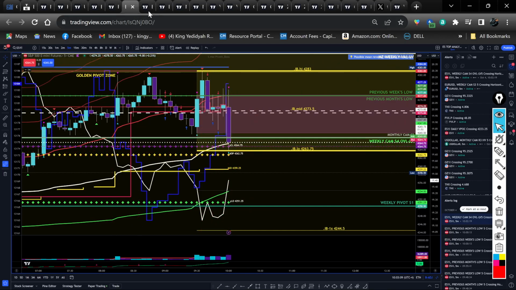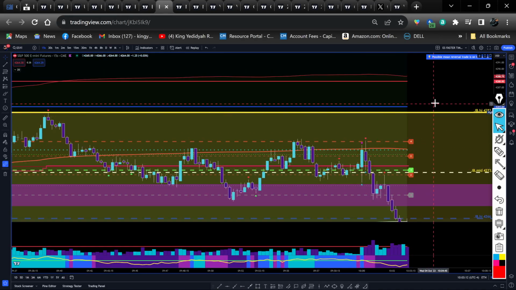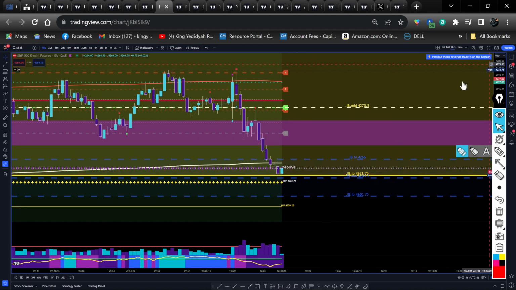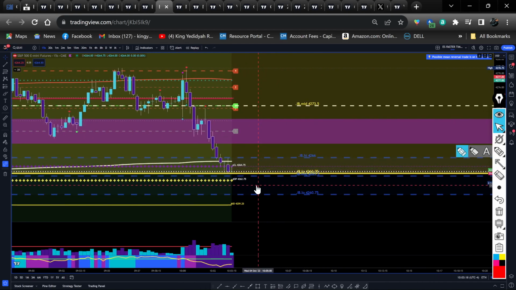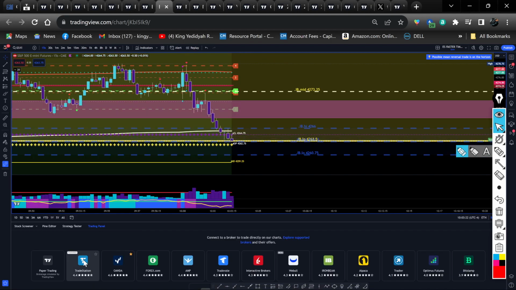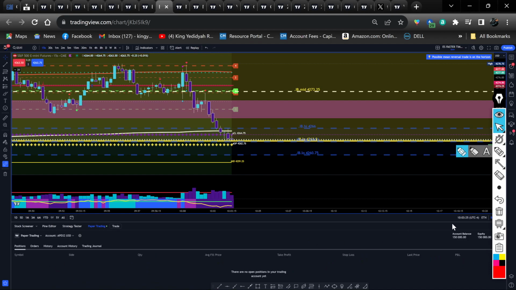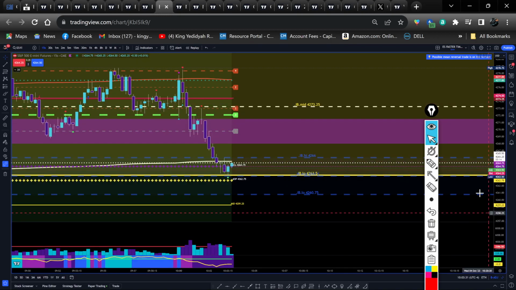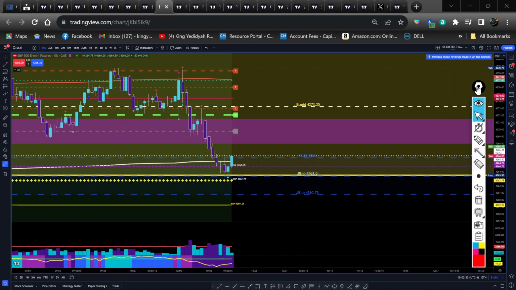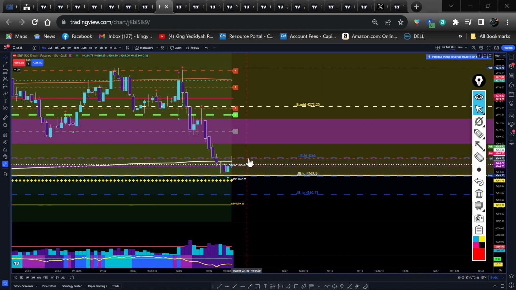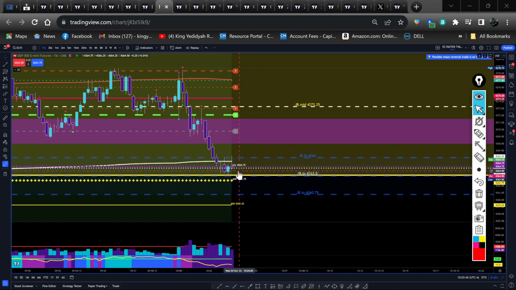Right, so maybe a breakdown of VWAP and a retest. Let me go to my faster time frame, see what I could do around here. Right, so retesting VWAP right now.